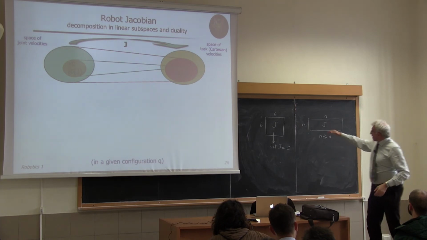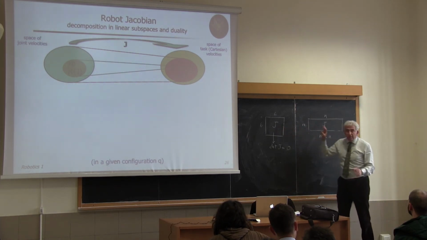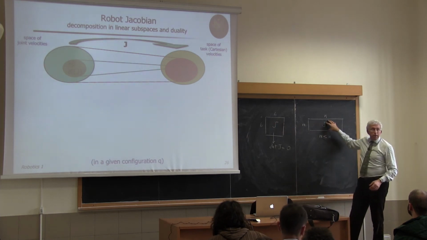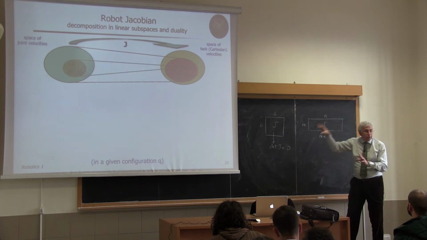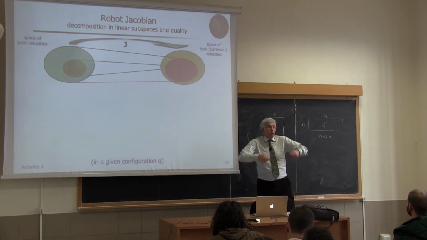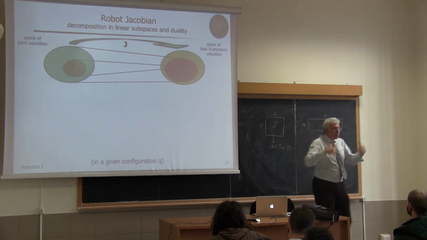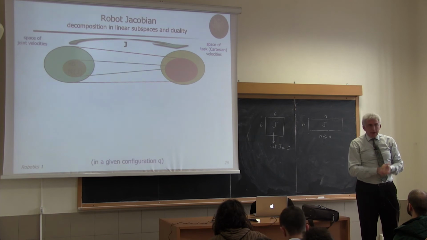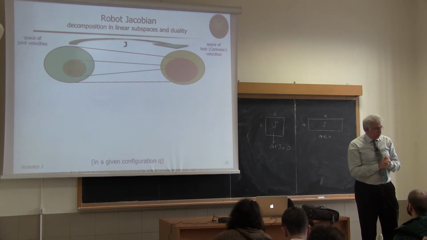So when the rank is not full, and this definition applies to a square or a non-square matrix, then you lose mobility of the end effector. In the joint space, you can continue to do whatever you wish, but you cannot generate something that you desire arbitrarily at the end effector level.